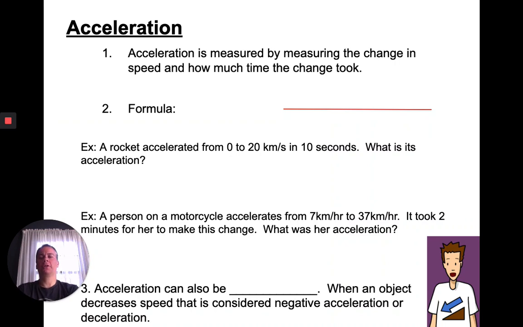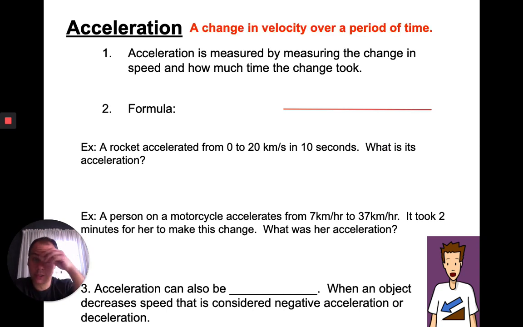So I mentioned a little bit about acceleration. Acceleration is when there's a change in speed over time. To calculate the acceleration of an object, we need some information. Our definition is going to be a change in the velocity of an object over a period of time.